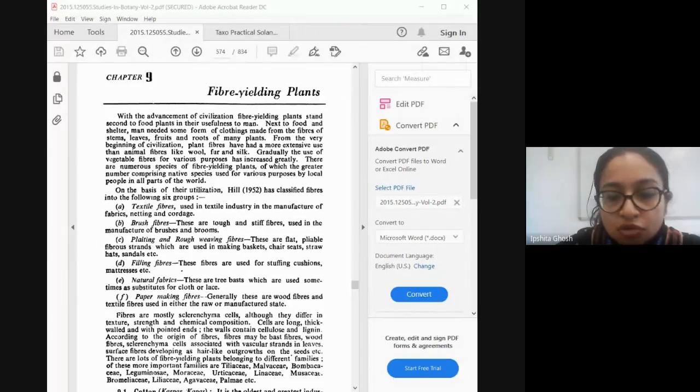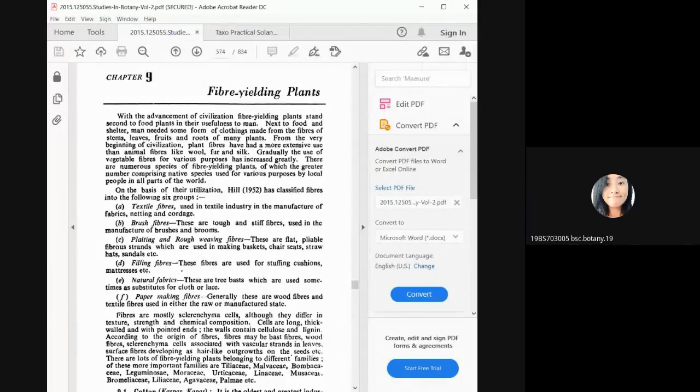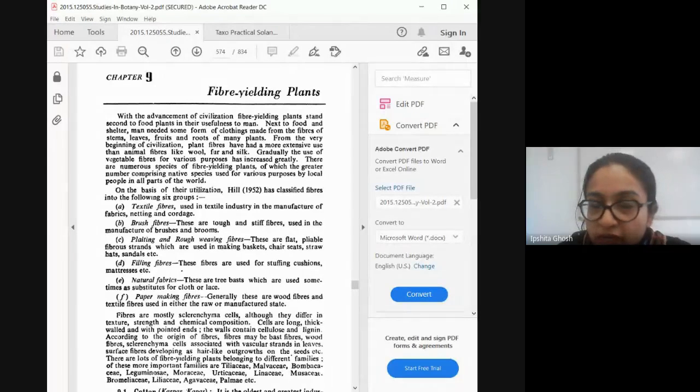What do you mean by fiber? Do you have an idea about it? Yes, ma'am, it's the parts of fruits and vegetables that cannot be digested. Okay, that's the nutritive part. Otherwise, what are fibers mainly basically used for?